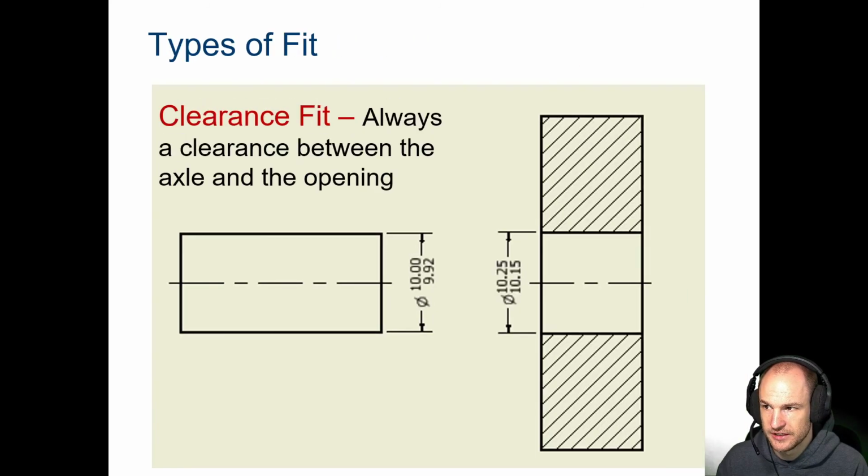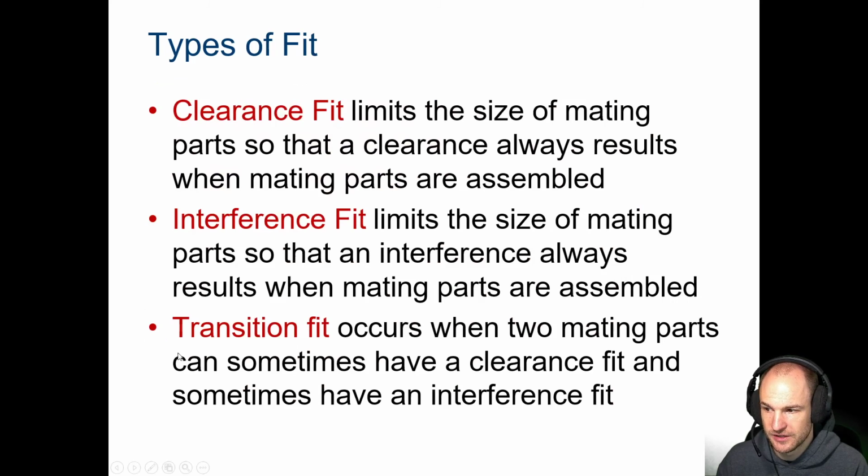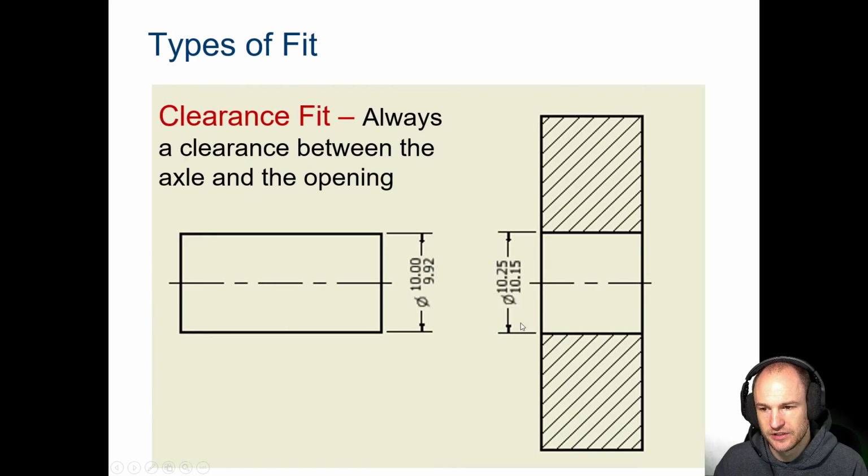there was a third kind of fit here I didn't talk about, and this is a transition fit. And this occurs when two mating parts sometimes have a clearance and sometimes have an interference. I'm going to tell you, I've never seen this on the test where you get a transition fit.